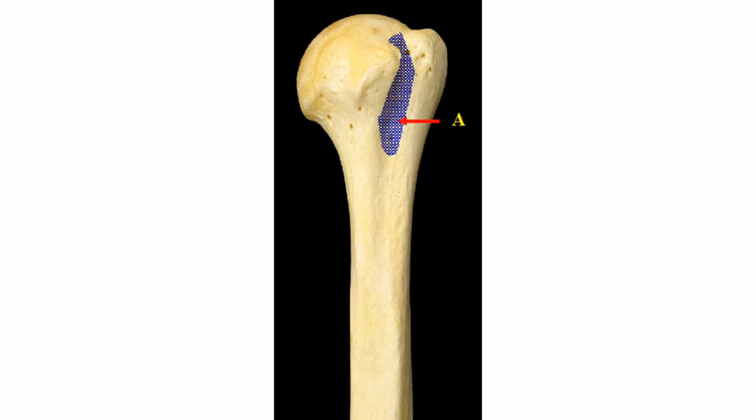It is a depression, but we cannot call it a fossa because it is a long depression. That means it is a groove or a sulcus. Therefore, this is intertubercular groove or intertubercular sulcus. It is for a tendon to pass into this long sulcus or groove.